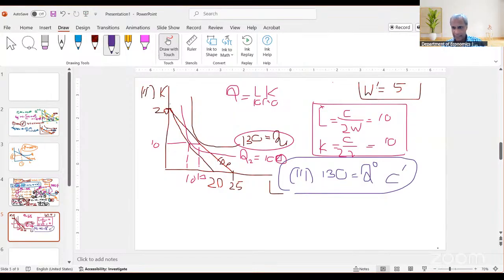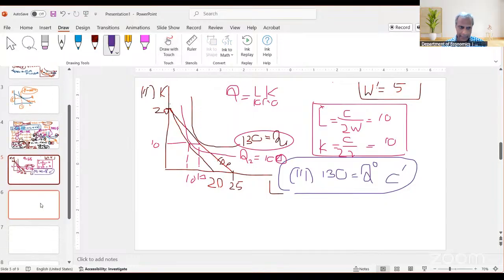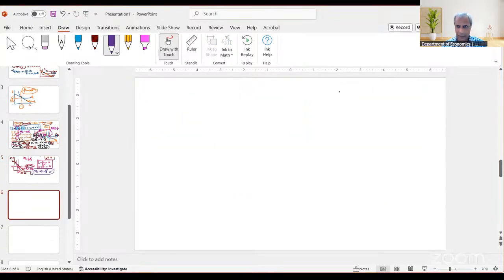Now you can see clearly the output target is given this time. Output target is given, 130. So then you see something like this, this output target here.